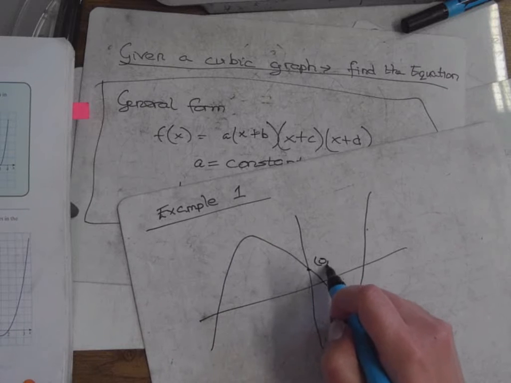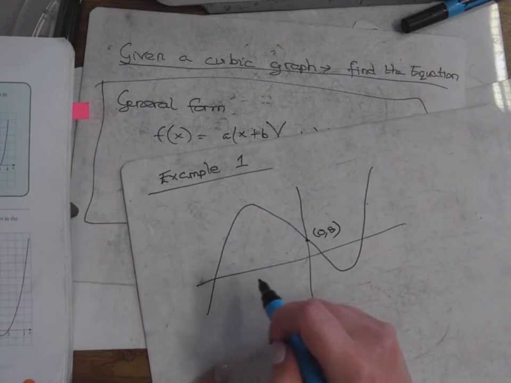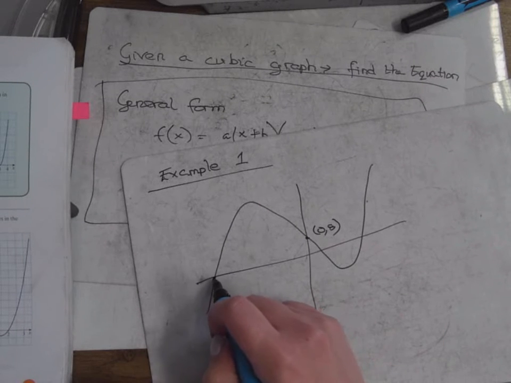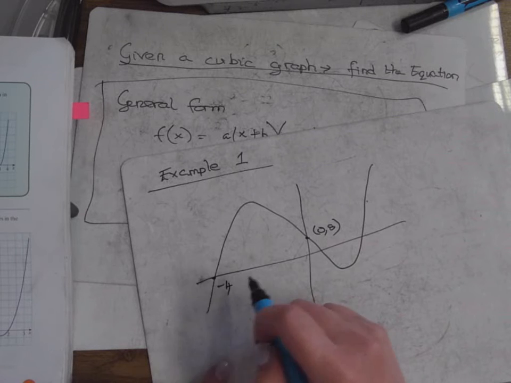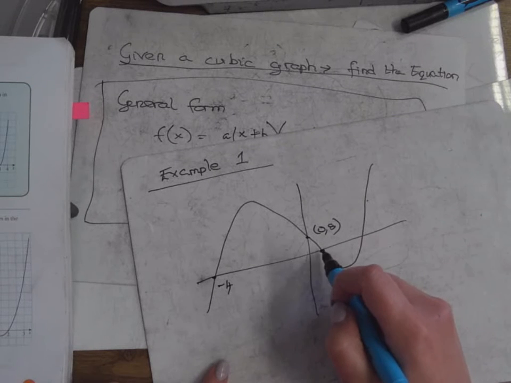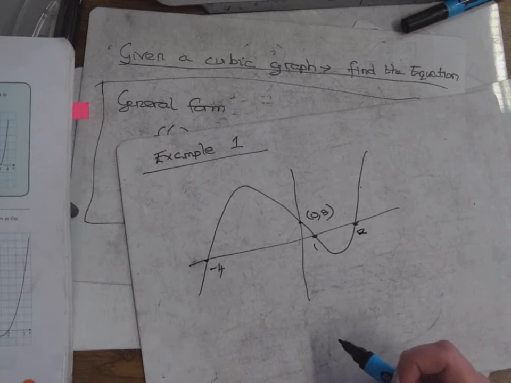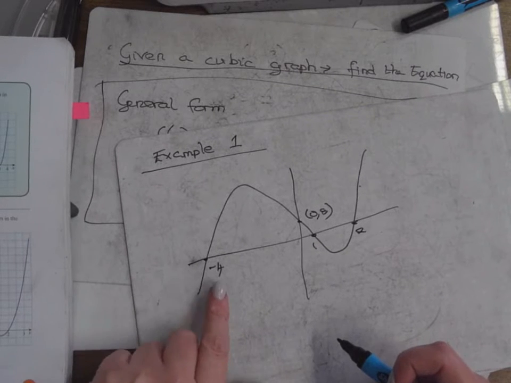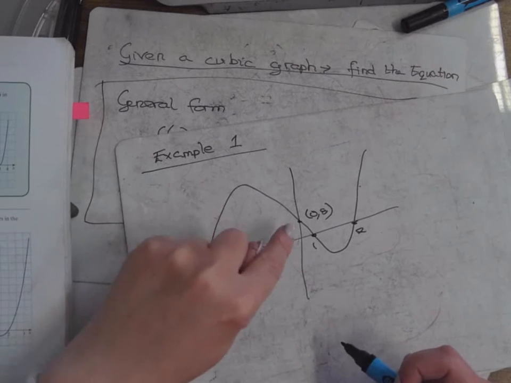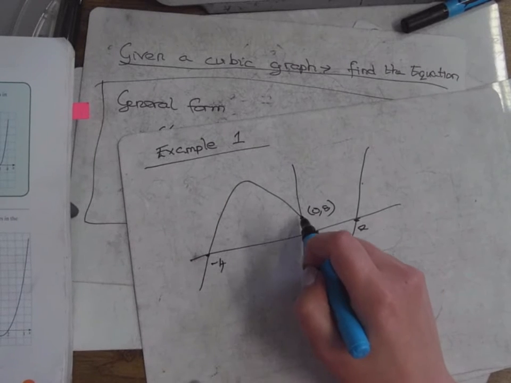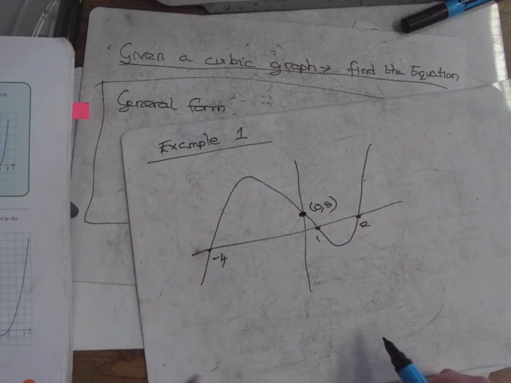Now this is me copying something very badly from the book, so it's not drawn to scale, okay? So it's not drawn to scale at all. So it cuts the x-axis at -4, 1 and 2, and they also told me it goes through the point (0, 8). Okay?